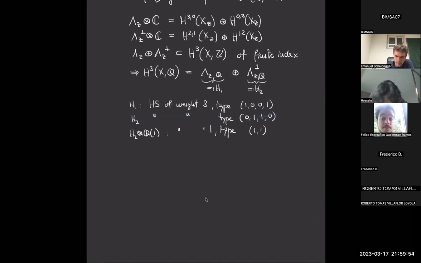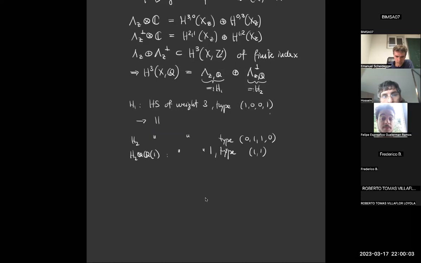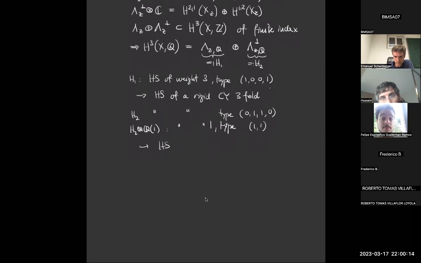So this means that this is the Hodge structure of a rigid Calabi-Yau threefold. And this is the Hodge structure of an elliptic curve.